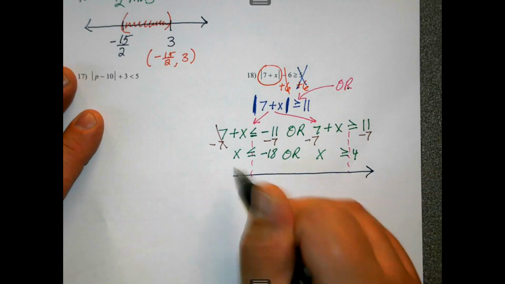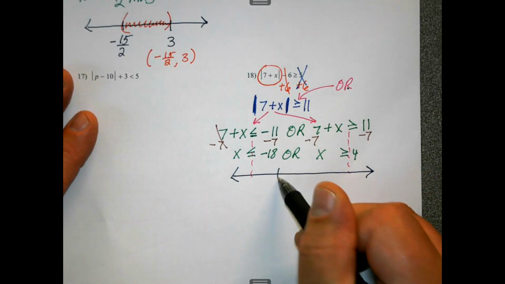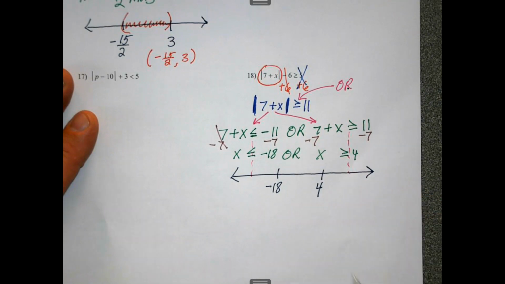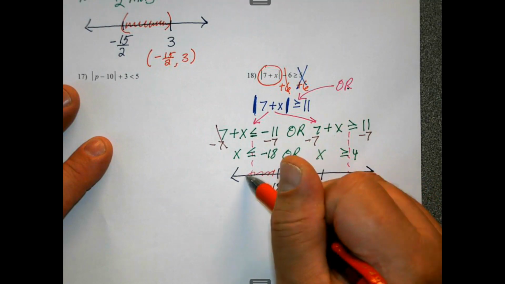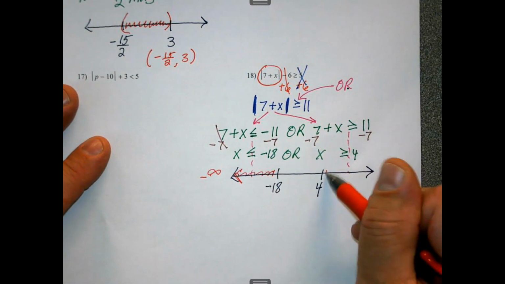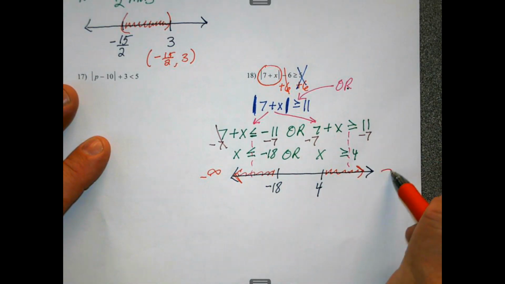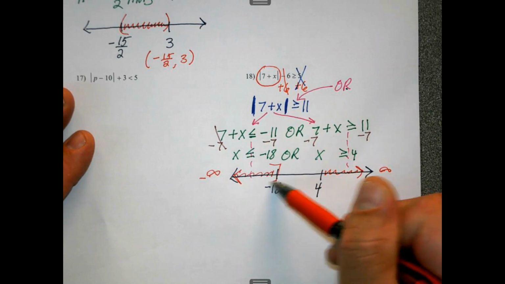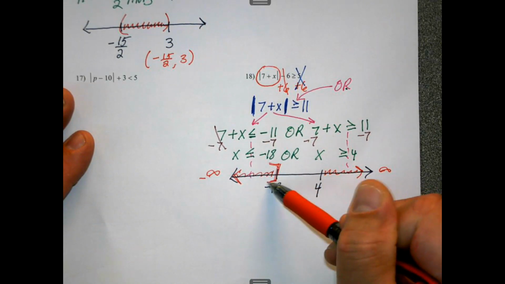Graph it. Smaller number is negative 18. Larger number is 4. It's an or problem, so I know they're going to go off to their respective infinities. This one gets a bracket because it has an equal sign.